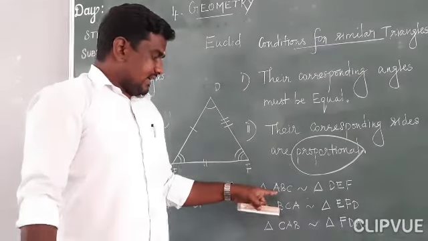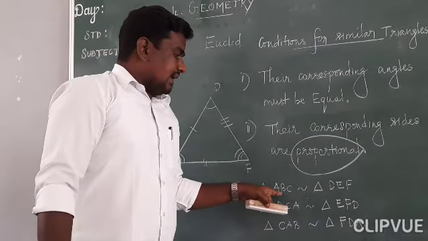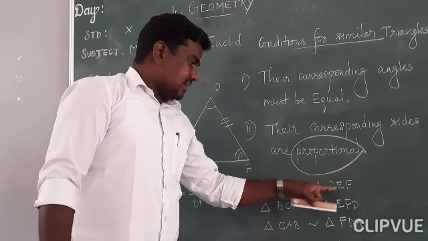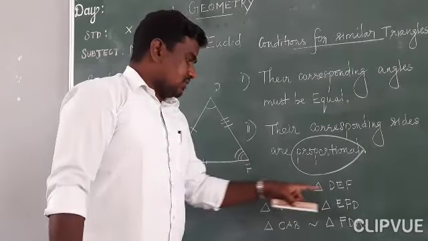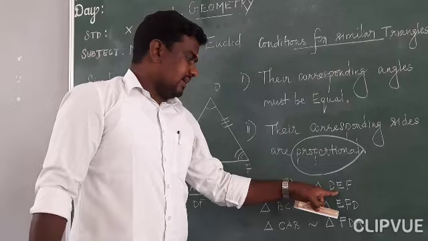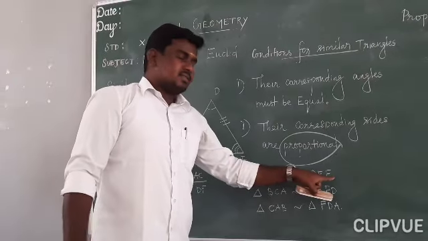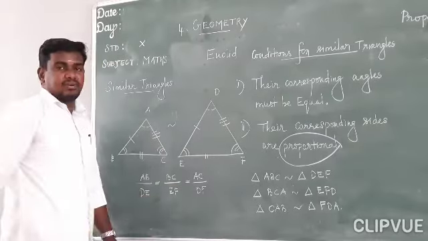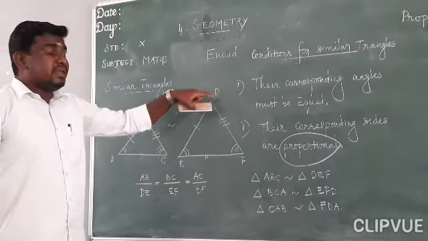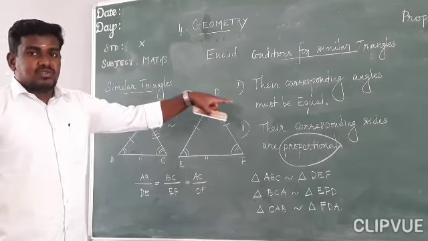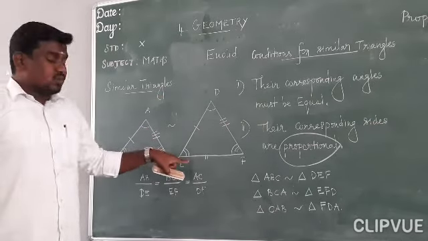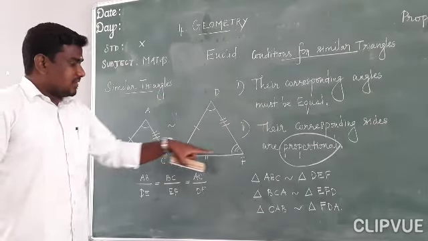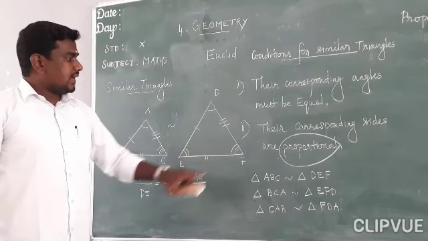If you write vertex A here, the next triangle's corresponding vertex should be written at the same position. For example, A means D, B means E and C means F. Here I have taken ABC and DEF. If I take ABC and PQR, A corresponds to P, B corresponds to Q and C corresponds to R, like this.